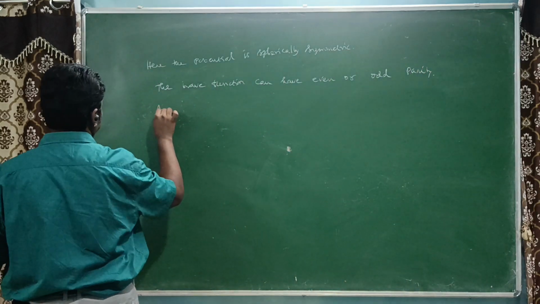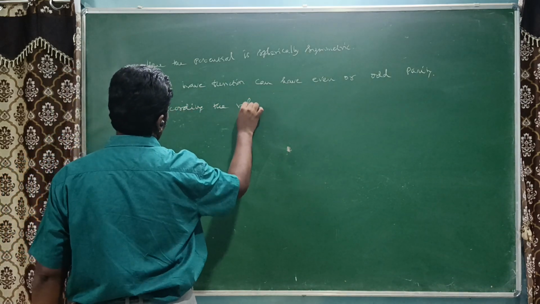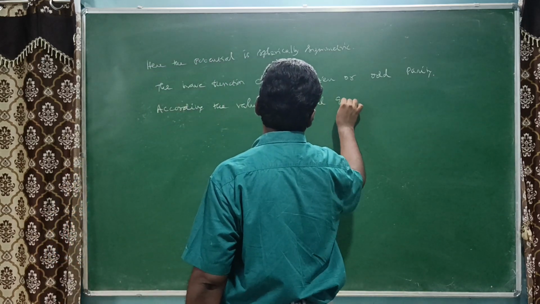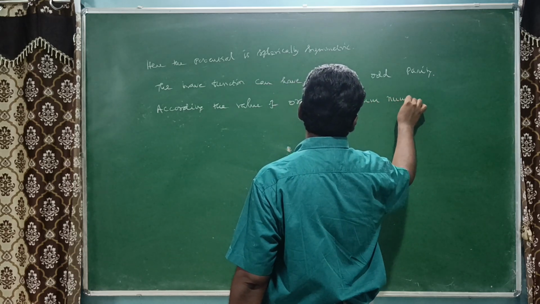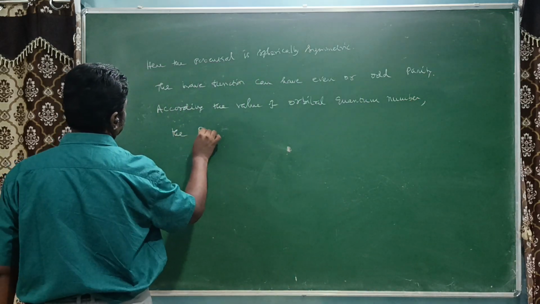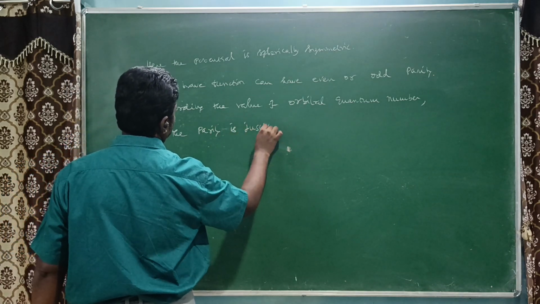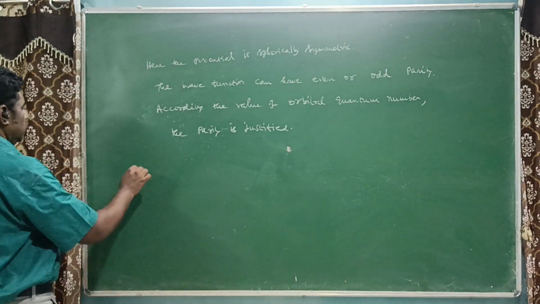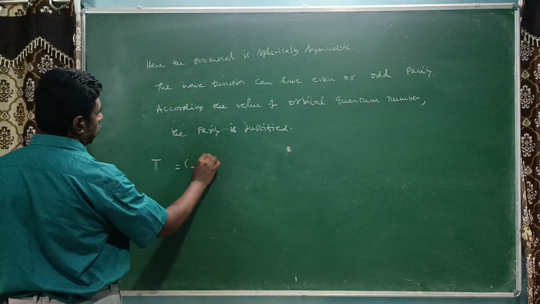According to the value of the orbital quantum number, the parity is justified. In general, the parity operator pi is given by the formula minus 1 power l.